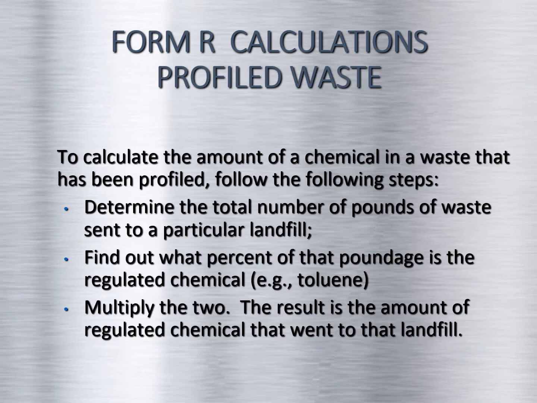If you know the percentage makeup, or the parts per million, just apply that proportion to the total number of pounds delivered to the landfill, and you can use your uniform hazardous waste manifests to totalize the number of pounds shipped to a landfill in any given year.